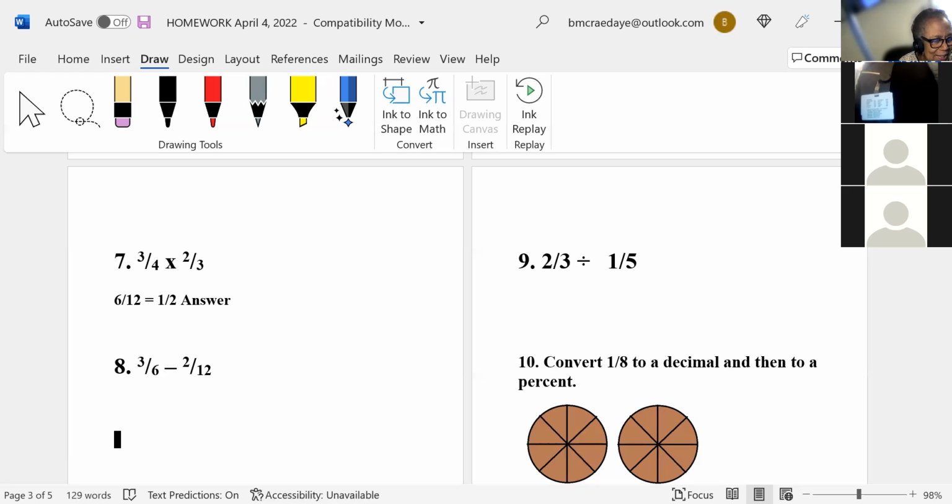Mercedes, tell her what it is. 12. Least common denominator. I didn't mean a number that divides into 6 and 12. I mean a number that 6 and 12 both divide into. And that number is 12.